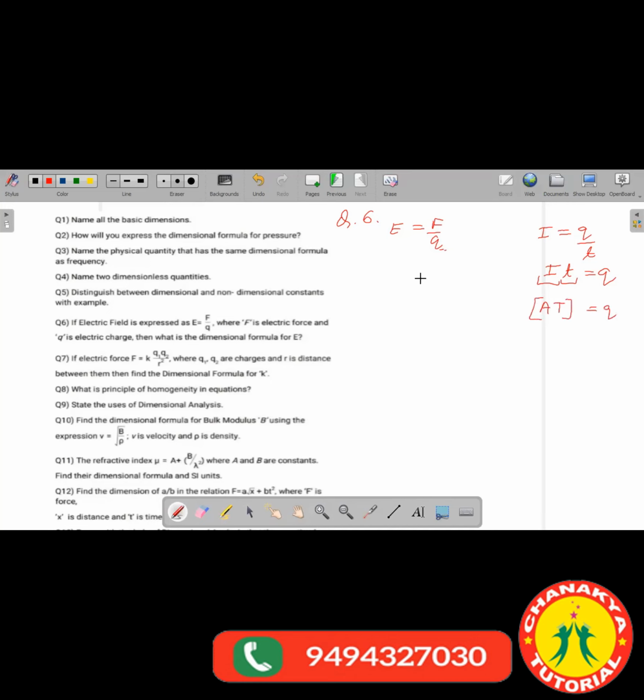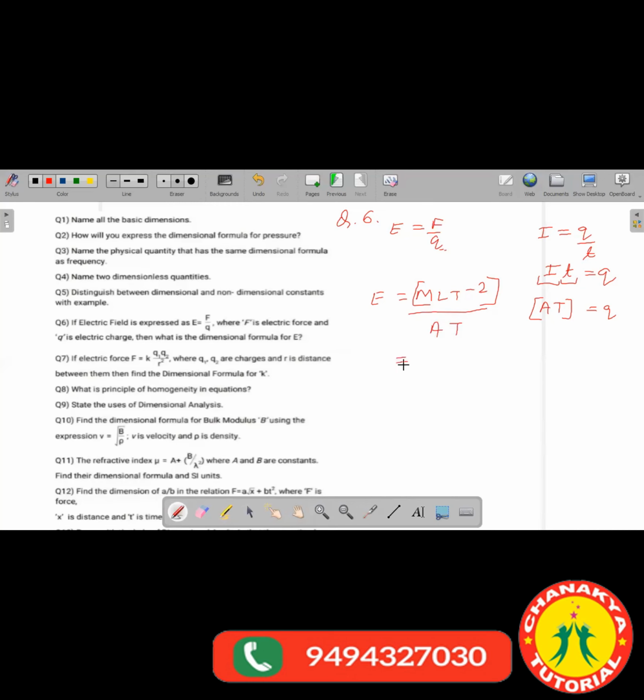Now we can get the dimensions of electric field. So E will be equal to MLT minus 2 divided by the dimensions of Q, which is AT.